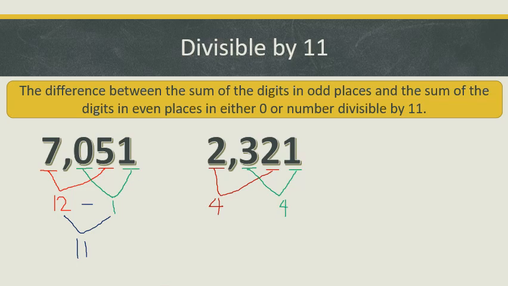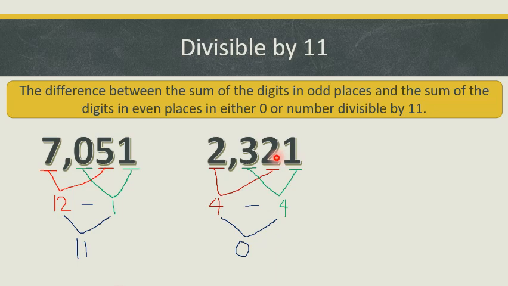Then, kukunin natin yung kanilang difference. Ipagmaminus natin. So, ang 4 minus 4 is 0. So, kung nakita nyo dito sa rules natin, kung ang difference daw is either 0 or number divisible by 11, so 0 siya. So, since 0 yung kanyang difference, so siya po ay divisible sa 11.